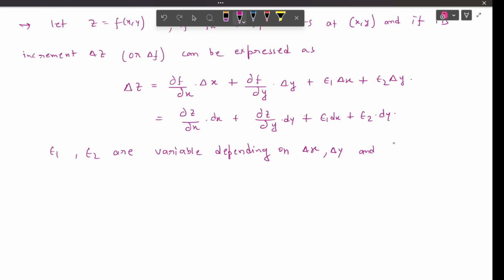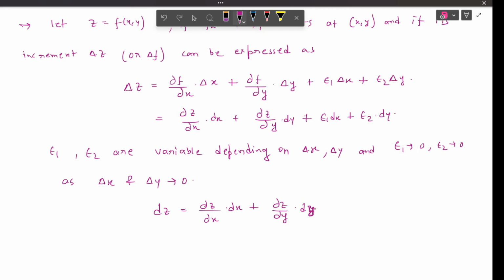And epsilon 1 tends to 0, epsilon 2 tends to 0 as delta x and delta y tend to 0. So the expression del z upon del x into dx plus del z upon del y into dy.